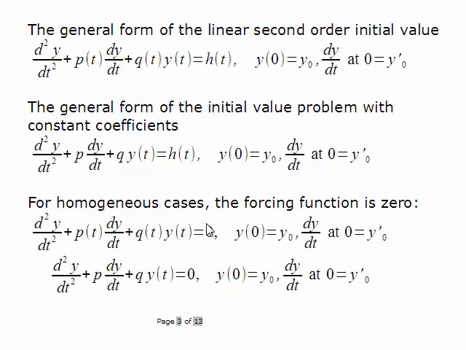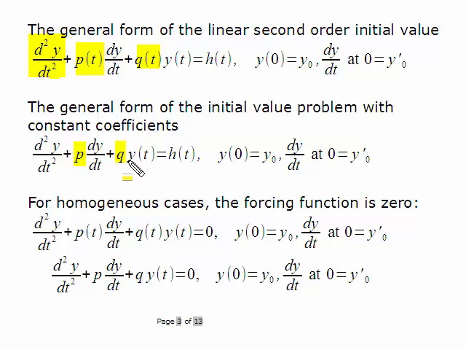So here's a general form of the second order linear differential equation that we're going to look at here. This is standard form, so you see the second derivative as the highest derivative. There's coefficients which may or may not depend on t. In the general form they do depend on t. If it's constant coefficients, you don't have a dependence on t.